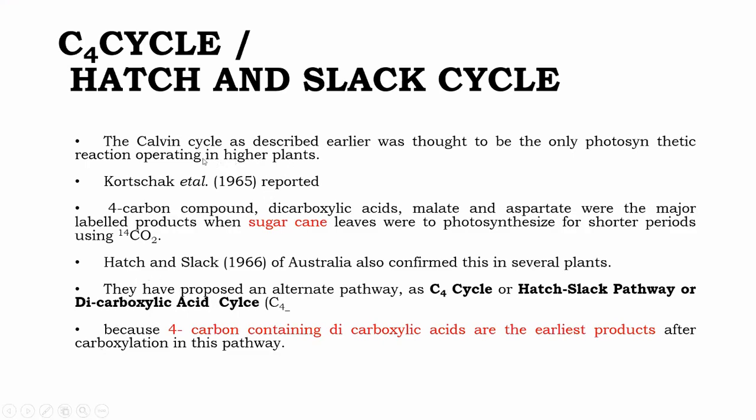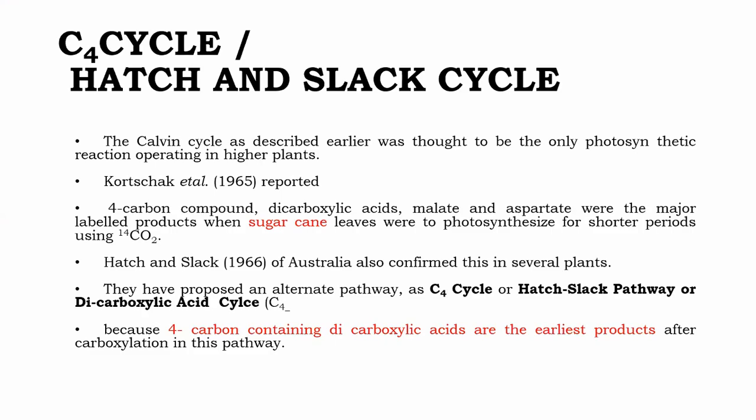Okay, see, up to 1965 it was believed that only C3 cycles are available in plants. Melvin Calvin was awarded the Nobel Prize in 1961 for the C3 pathway. See, maybe around 50 years back, he clearly indicated the C3 cycle.